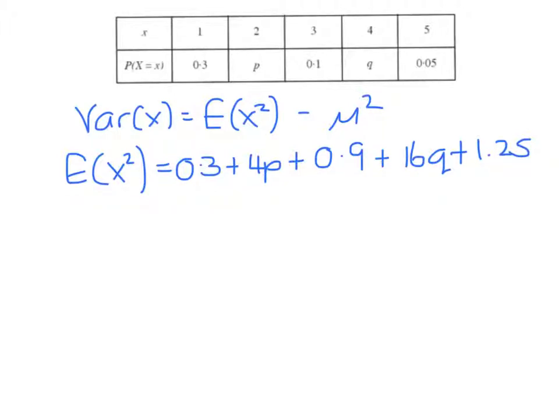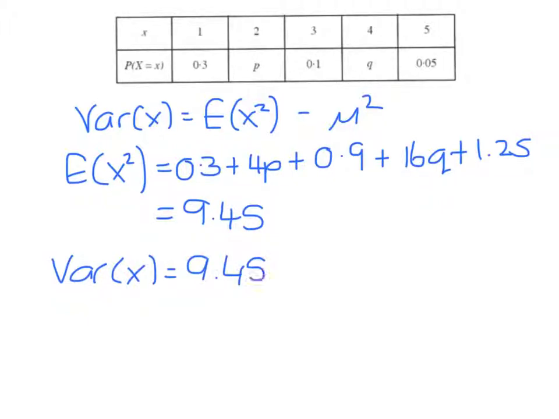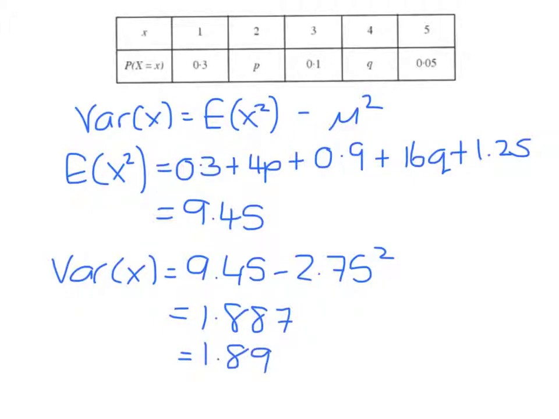Substituting the values for p and q, we get an expectation of x squared of 9.45. So the variance of x will be 9.45 minus 2.75 all squared, which is 1.887, to three significant figures 1.89.